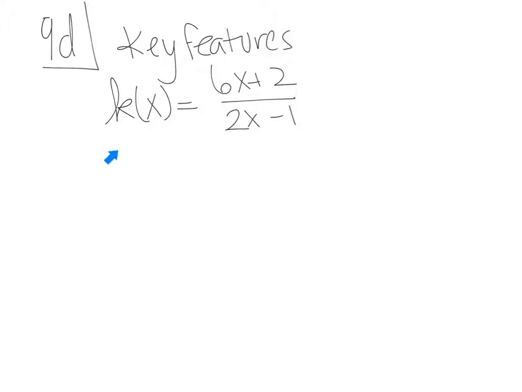Okay, looking at k(x) = (6x + 2)/(2x - 1). The bottom gives us the vertical asymptote, so I'm going to write that. It's 1/2 would be the vertical asymptote. For the horizontal asymptote, I'm going to divide everything by x, and then I end up with 6 over 2. So my horizontal asymptote will be 6 over 2, which is just 3.